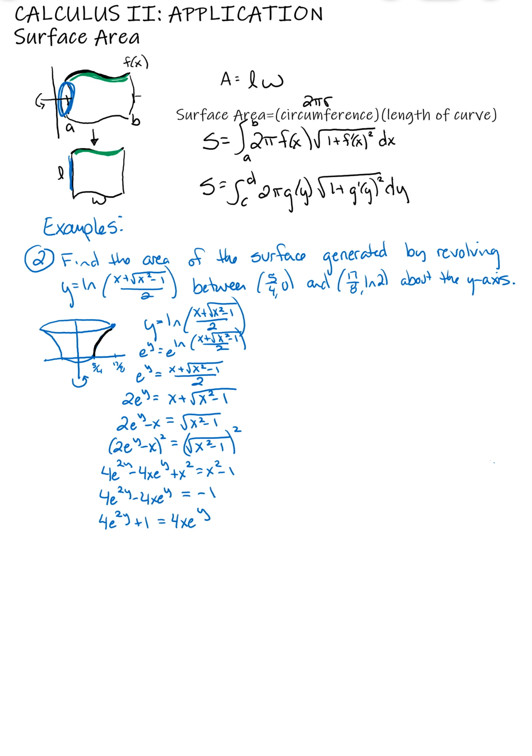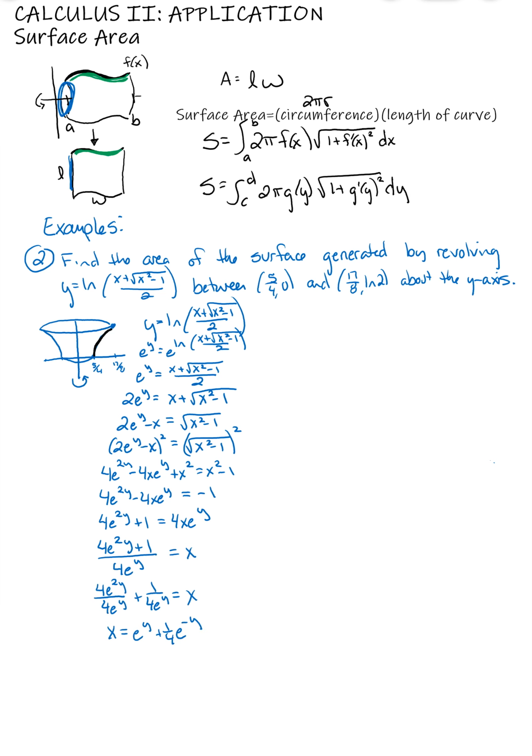To get x by itself, there are a few ways of going about this, so whatever works best for you. I do want to simplify this a bit, so let me separate these. And we end up with x equal to e^y + (1/4)e^(−y).